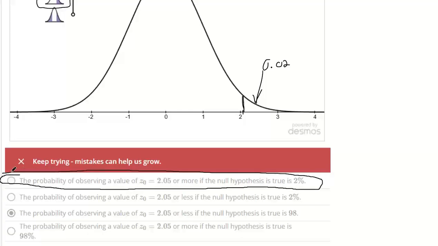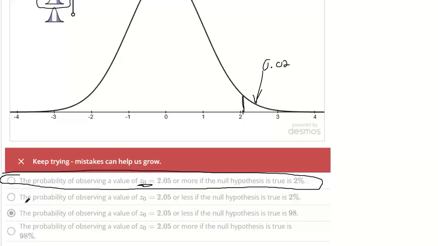So when you conduct a hypothesis test, you assume that the null hypothesis is true. And then you calculate the probability that you got this z-score under that assumption. And that's what the p-value is. There's a 2% chance that we got this z-score assuming that the null hypothesis is true. That's pretty unlikely. So that's why we say we reject the null hypothesis in favor of the alternative, because it's really, really unlikely that the null hypothesis is true.